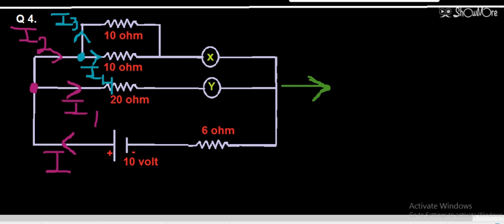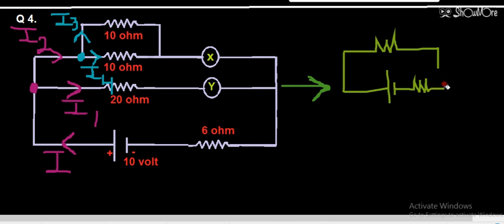I am just eliminating devices X and Y because they will create some problem in the circuit when we have to find the series and parallel. कहीं पे कोई problem ना आए इसलिए I have removed that one. So this is 6 ohm. Okay, now see, this is 4 ohm resistance which is obtained using the parallel combination of 5 and 20.